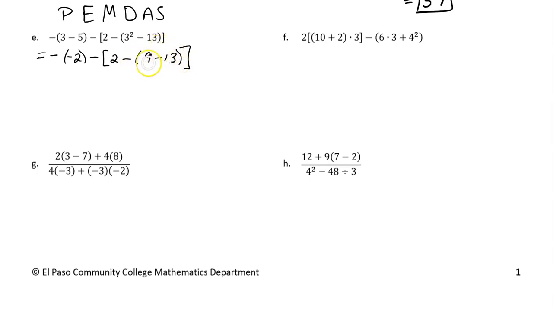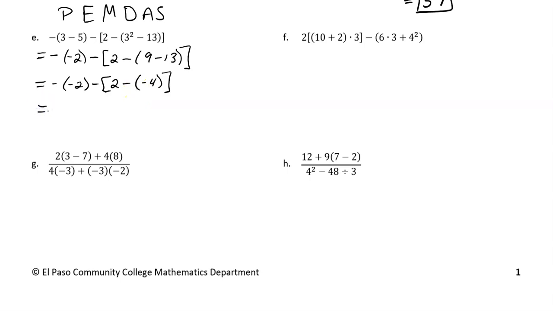Now it's looking a little cleaner. I'll do this inner parentheses in my next calculation, keeping everything else, we'll deal with it in a little bit. And 9 minus 13 gives me a negative 4.